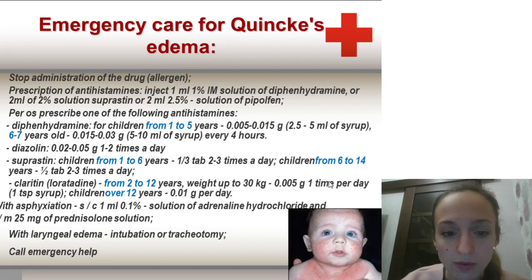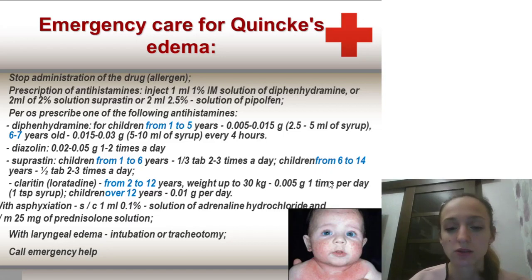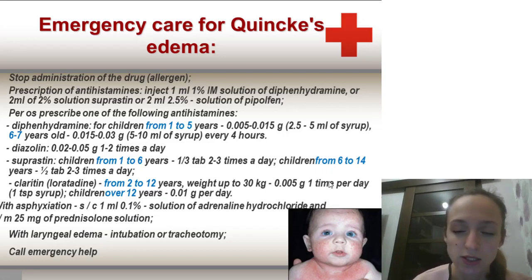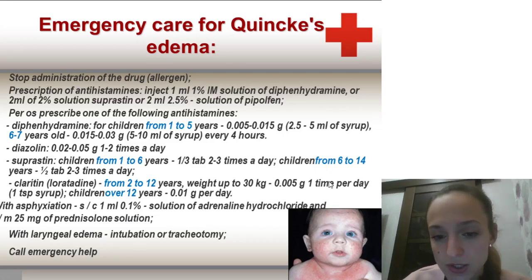Suprastin, also from 1 to 6 years, 1/3 tablet, 2 or 3 times a day, and children from 6 to 14 years, 1.5 tablets, 2 or 3 times a day. Loratadine or Claritin from 2 to 12 years, and here you should consider the weight of the patient: up to 30 kilograms, 1 time per day, and over 12 years.